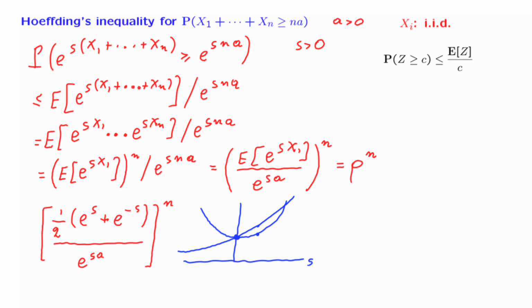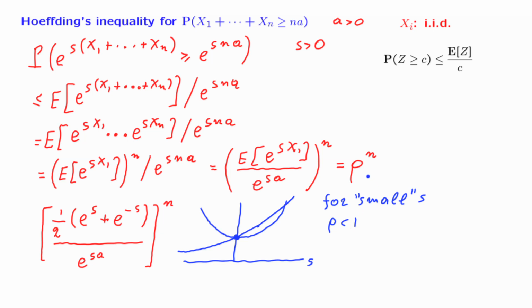And that implies that in the vicinity of 0, this fraction is going to be less than 1, and we will have achieved our goal of an exponentially decaying bound. So the conclusion is that for small s, we have that rho is less than 1.